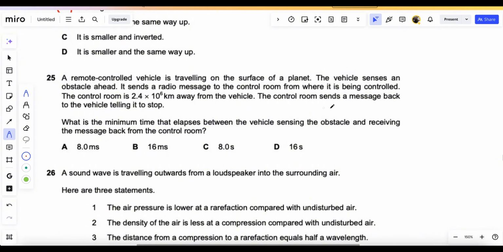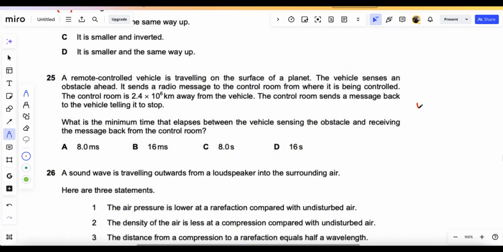Now the control room sends a message back to the vehicle telling it to stop. What is the minimum time that elapses between the vehicle sensing the obstacle and receiving the message back from the control room? This is a bit long.